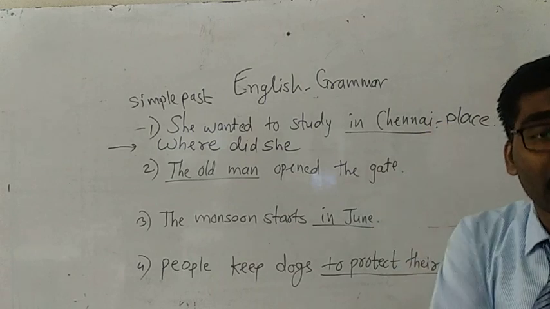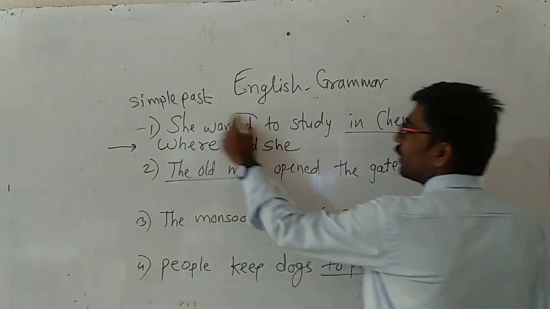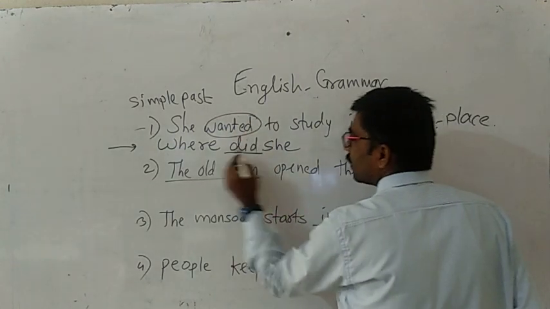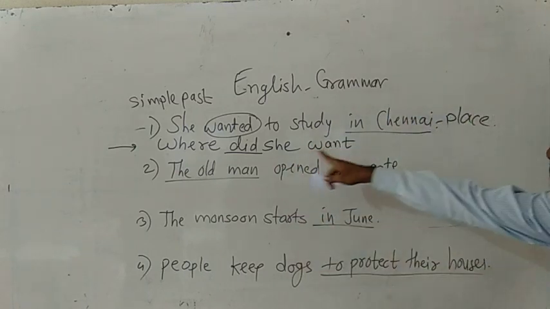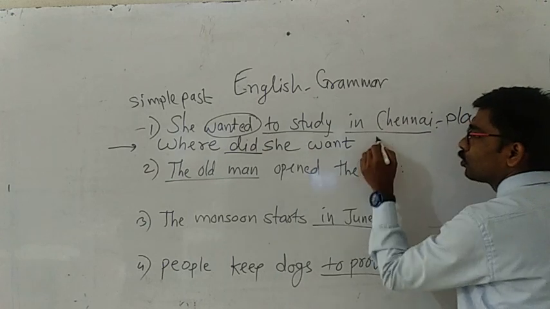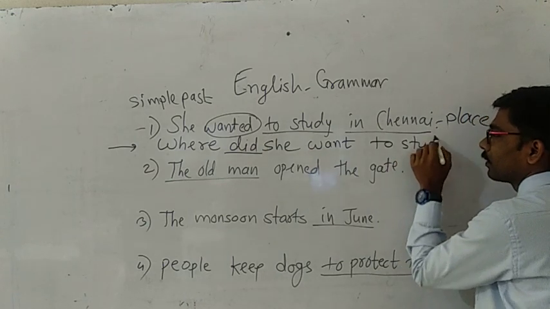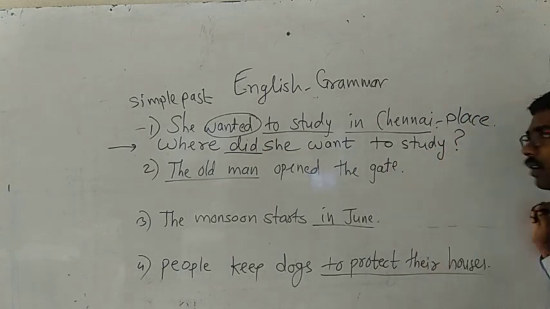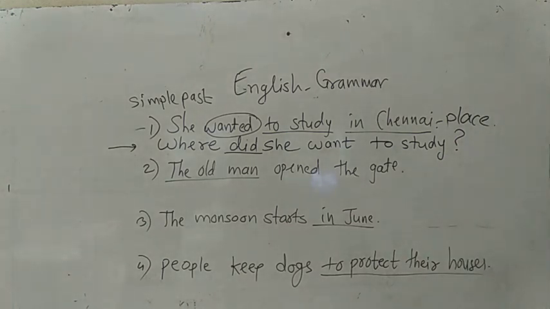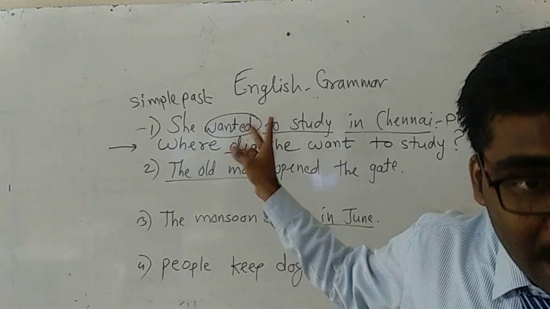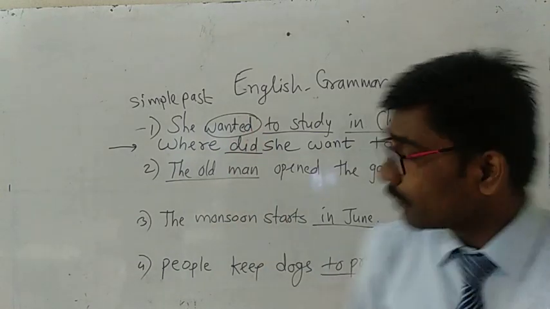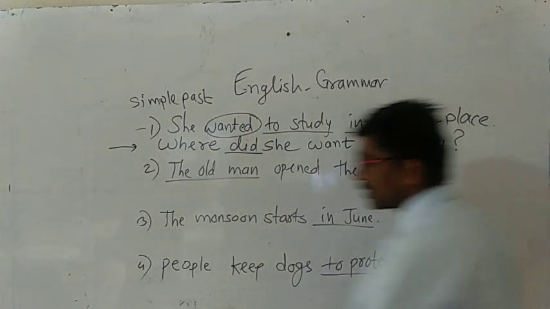After subject, main verb is wanted. Here we have used did, so here it will become want. Where did she want to study? Question mark. Isn't it? Correct, sir. Very good. Write down this. One example write down.